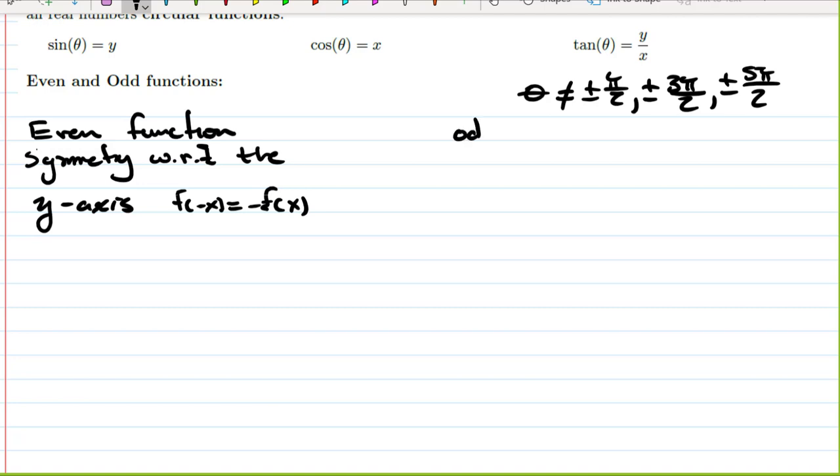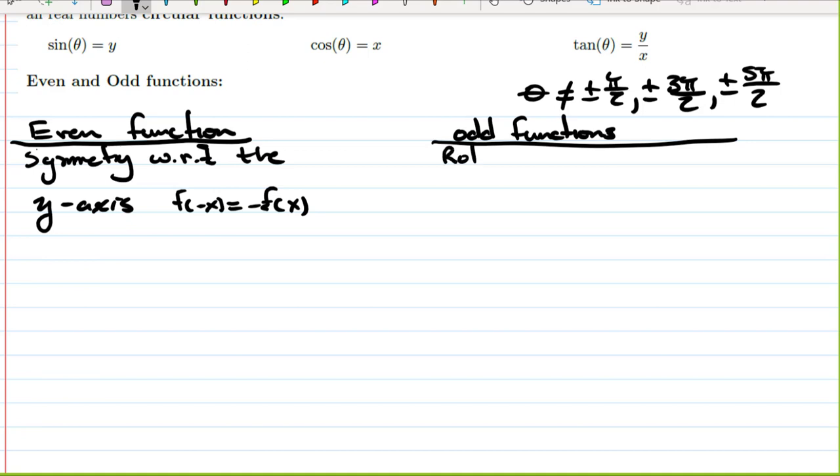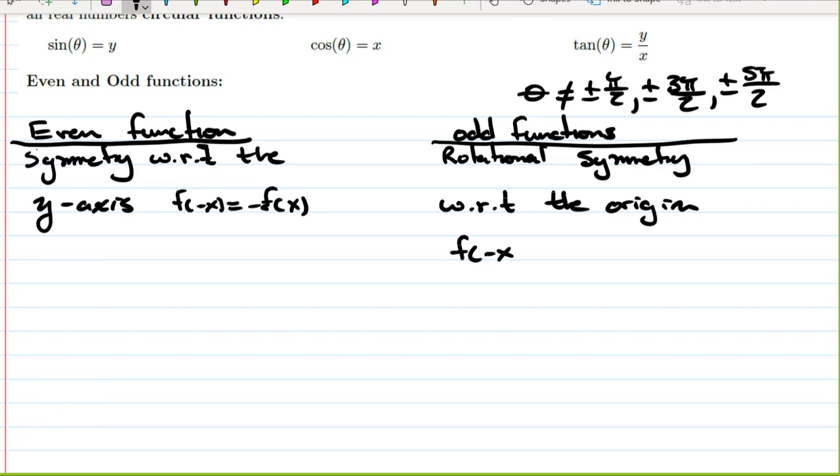For odd functions, we had rotational symmetry with respect to the origin. And in terms of symbols, this meant that f of negative x was equal to negative f of x.